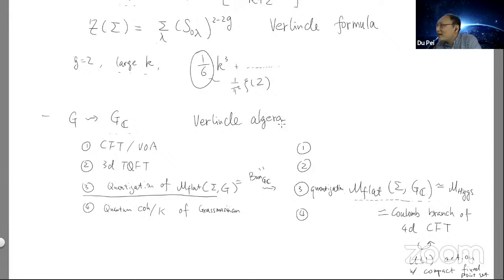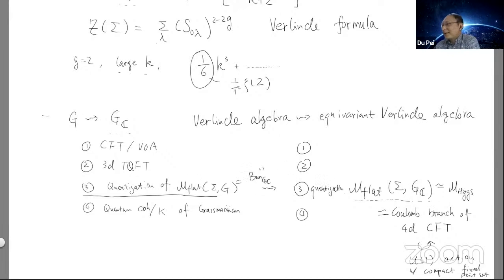So by doing this, the quantization problem is again controlled by a commutative Frobenius algebra. And that's a one-dimensional deformation of the Verlinde algebra. It's something that I will refer to as the equivariant Verlinde algebra. So it's a one-parameter family of deformations of the Verlinde algebra.